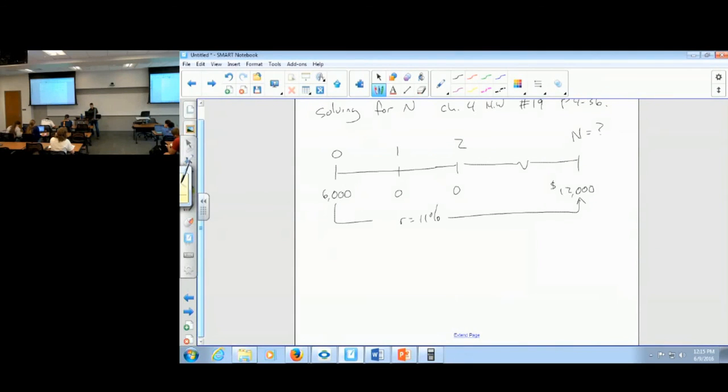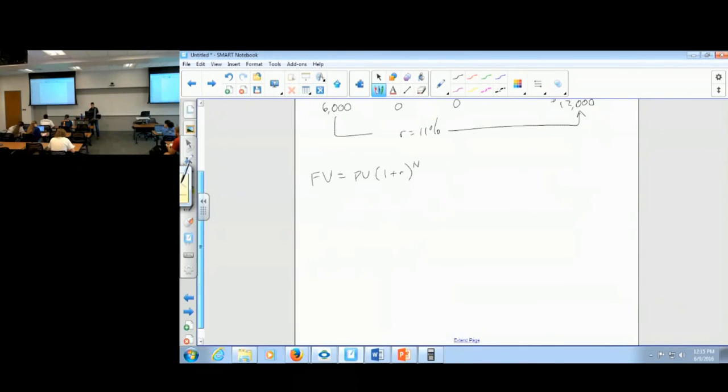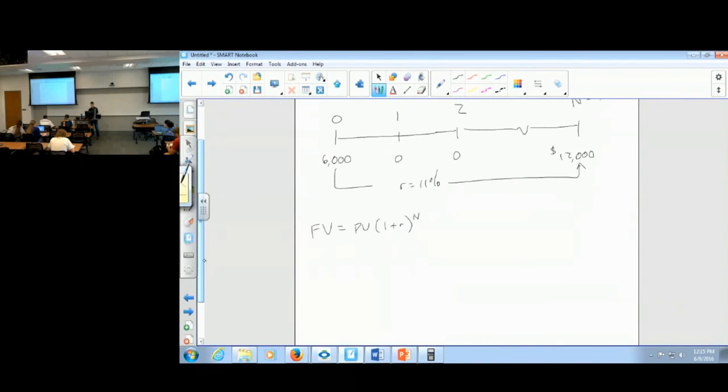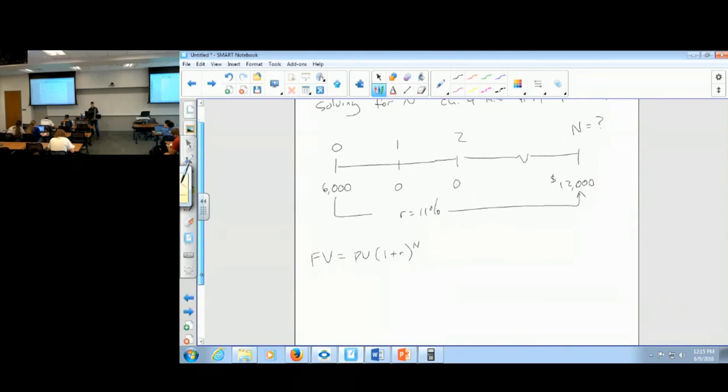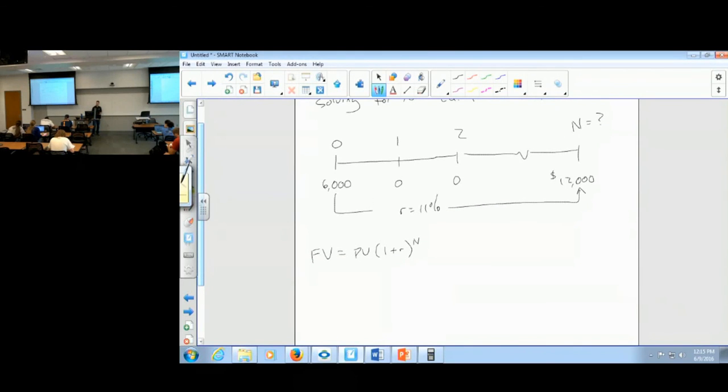Okay, this is a lump sum deal, so we're going to use the present value, future value formula. Doesn't matter what version it is. Plug in the bits that we know and solve for n. All right, or actually, let's do that a little bit differently. Let's go ahead and solve this equation for n, right?